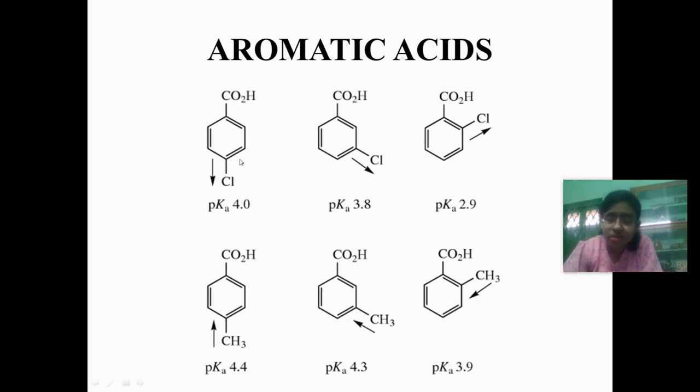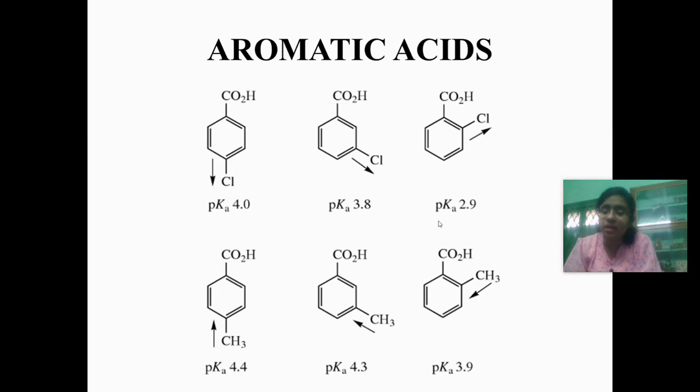First is para, second is meta, and third is ortho. We can see that going from para to meta to ortho, the acidity increases. Lower is the pKa value, higher is the acidity.